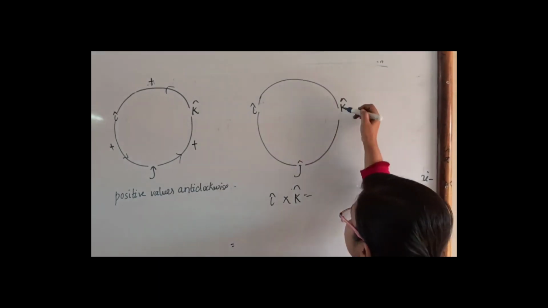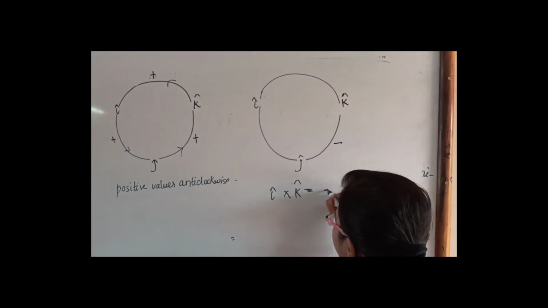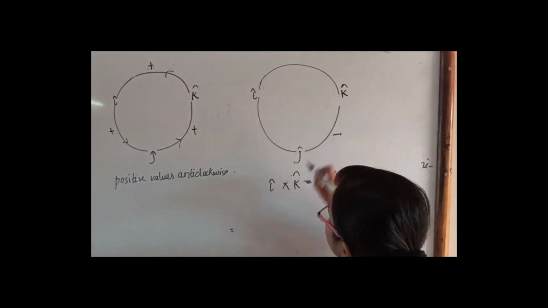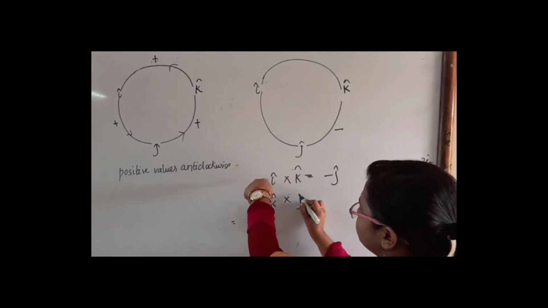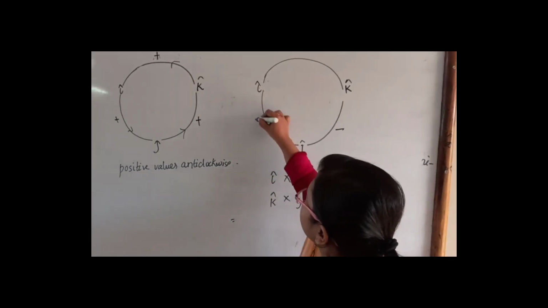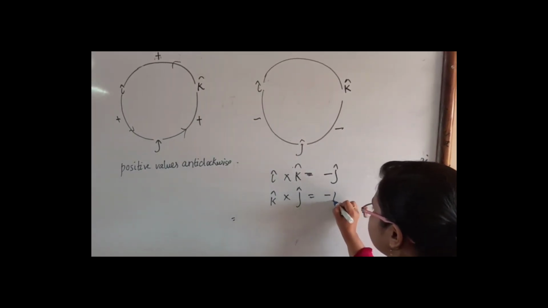K cap cross j cap will give rise to minus i cap.